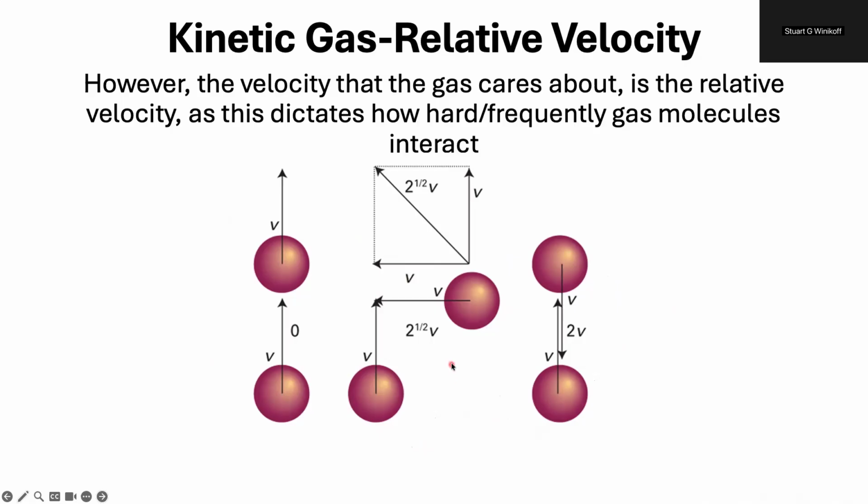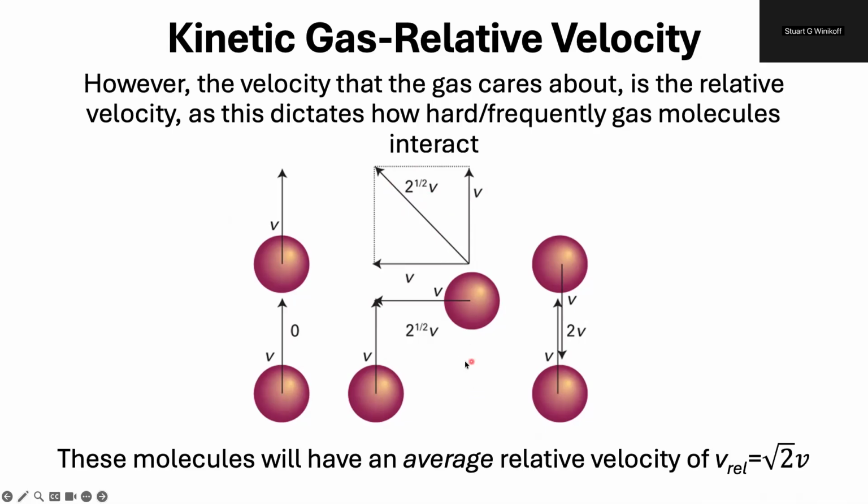Then we can use the Pythagorean theorem to show, okay, if I've got two velocities impacting, the degree in which they're hitting each other is going to be about 30% greater than the velocity, or the velocity times square root of 2. So it turns out this is going to be the average relative velocity. So if you know the average velocity of molecules, frequently here we're going to use the RMS, then we'll multiply that by square root of 2 to get the relative velocity.